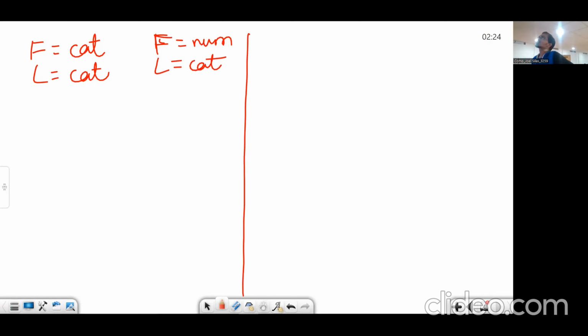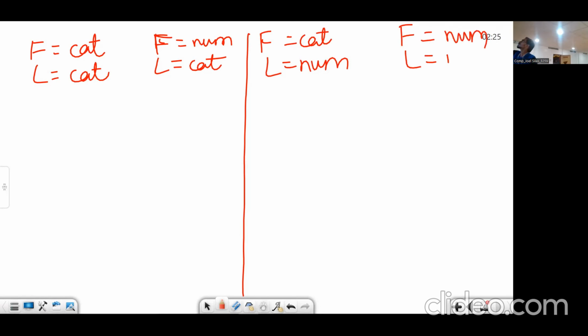Then feature can be categorical with label numerical, or feature can be numerical with label as numerical.